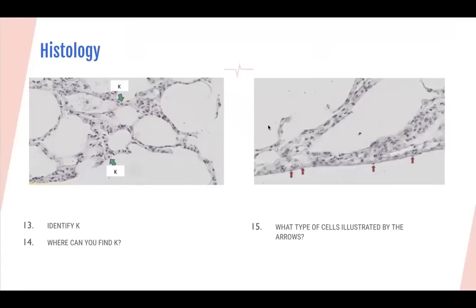Now for the second image right here, what are these cells? These would be simple squamous cells, the mesothelial cells. Excellent, mashallah. Is this the visceral or parietal? This would be the visceral, because the visceral pleura is adherent to the lung. Excellent.